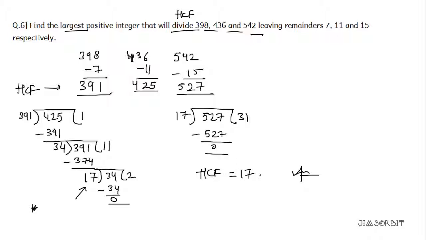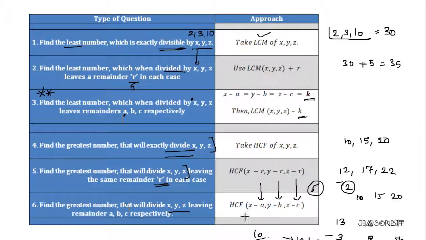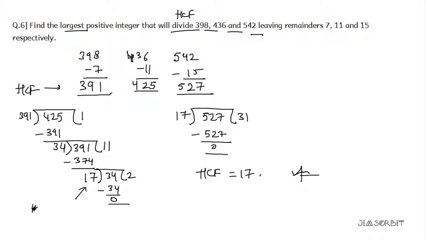In this case, we are finding the HCF, so we find the HCF of the numbers after subtracting the remainders. If the remainders were not there, we would have been able to completely divide them by their HCF. But since the remainders are there, we should subtract them first and then find the HCF.